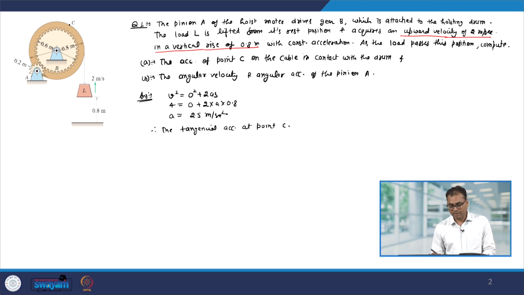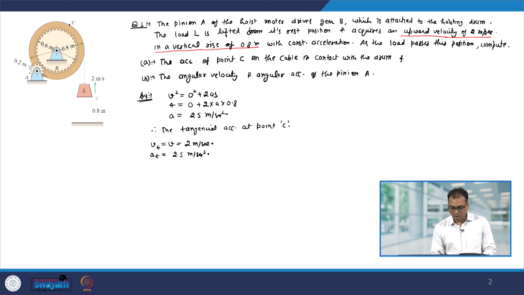The tangential velocity at C, let me call it v because there is no radial velocity, will be 2 meter per second, and the tangential acceleration at point C will be 2.5 meter per second square.